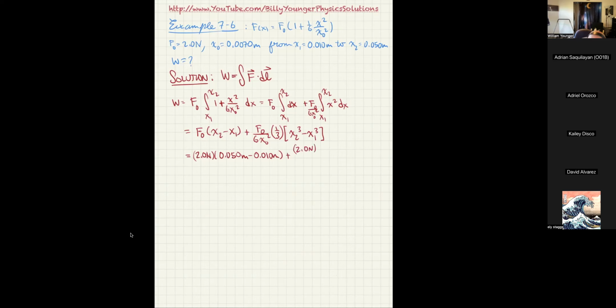Now this time I've got a 1/3 and a 1/6, so they're going to multiply to give me 1/18. So I'm just going to write an 18 in the bottom. And I'm also going to write the x0, which is 0.0070, and that's in meters, of course. And of course it's going to be squared at the bottom.